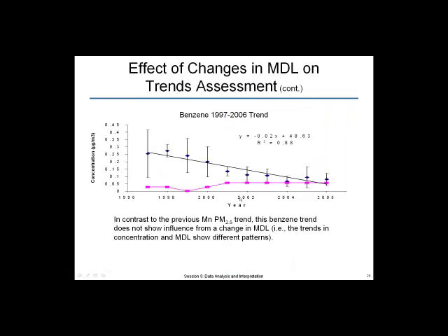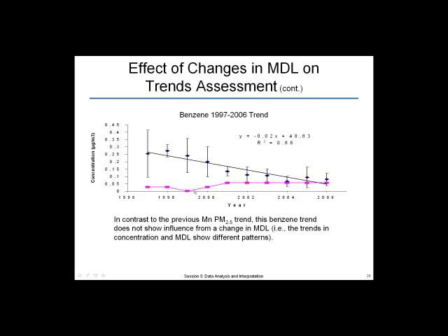So here's how a trend in pollutant concentration should actually look. This is a case where we have concentration of benzene over this 1997 to 2000 trend. It is kind of a funky graphic, I apologize, but essentially we plotted the mean concentration and standard deviations for each year. And you can see this nice decline over time.